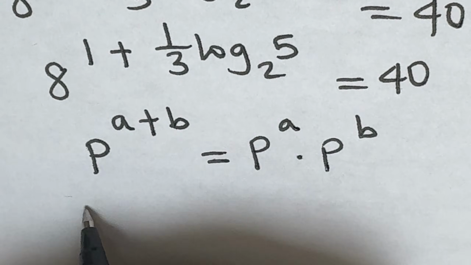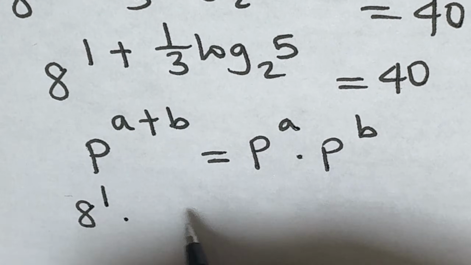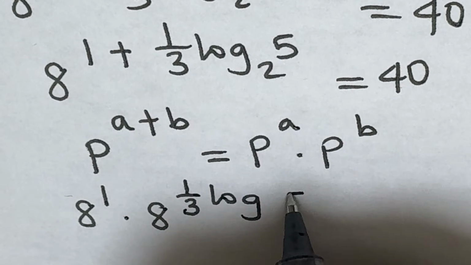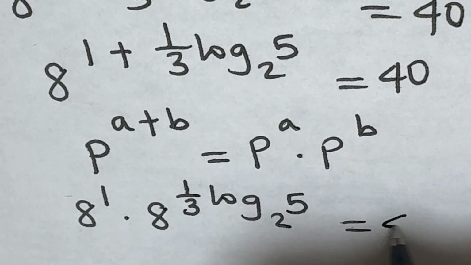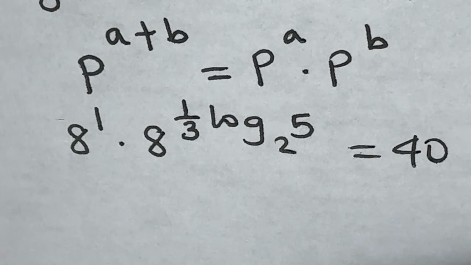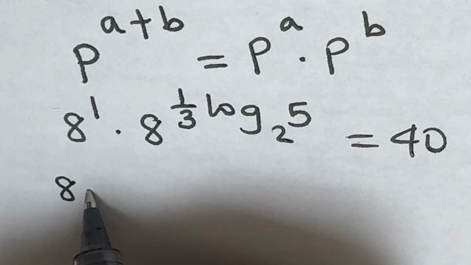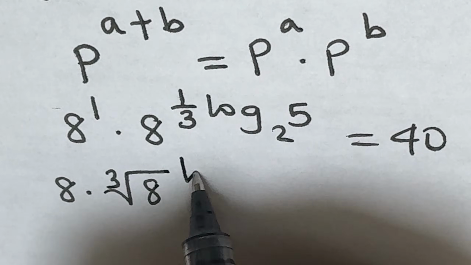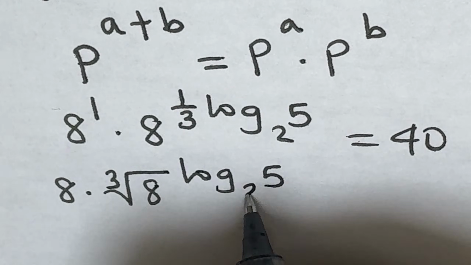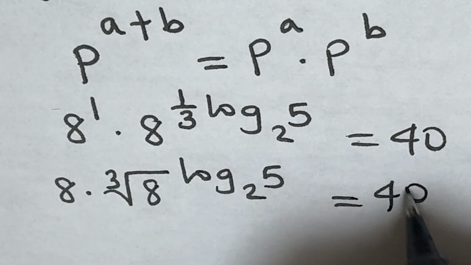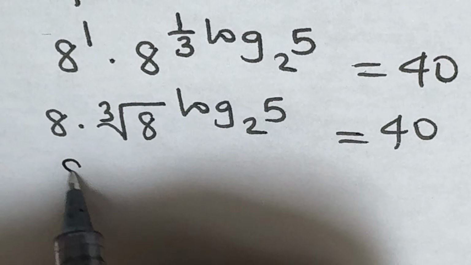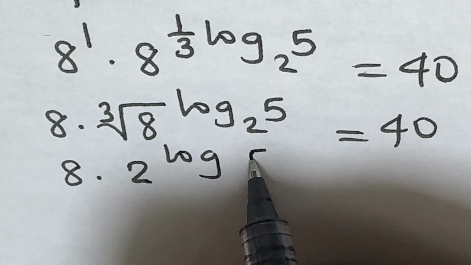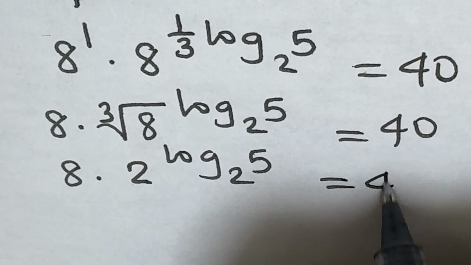Hence, this becomes 8 raised to power 1 times 8 raised to power 1 over 3 log 5 base 2 to give us 40. 8 raised to power 1 is 8, and then this is cube root of 8 raised to power log 5 base 2 to give us 40. So this is 8. Cube root of 8 here is 2, so we have 2 raised to power log 5 base 2 is equal to 40.